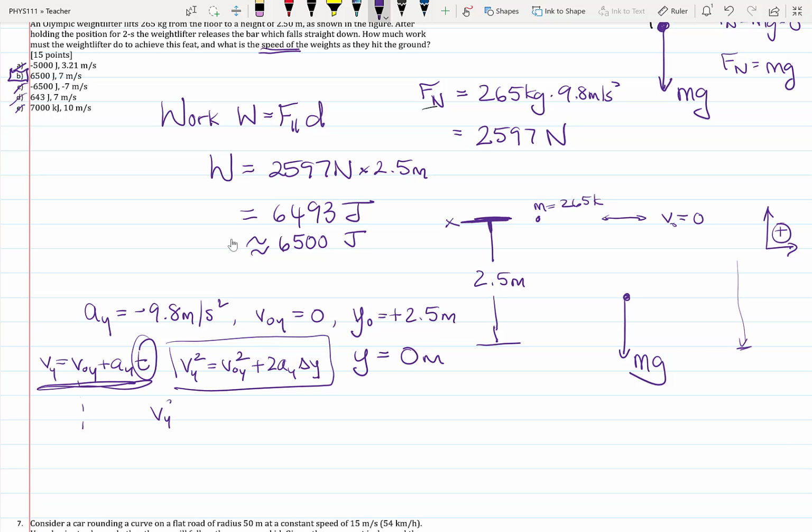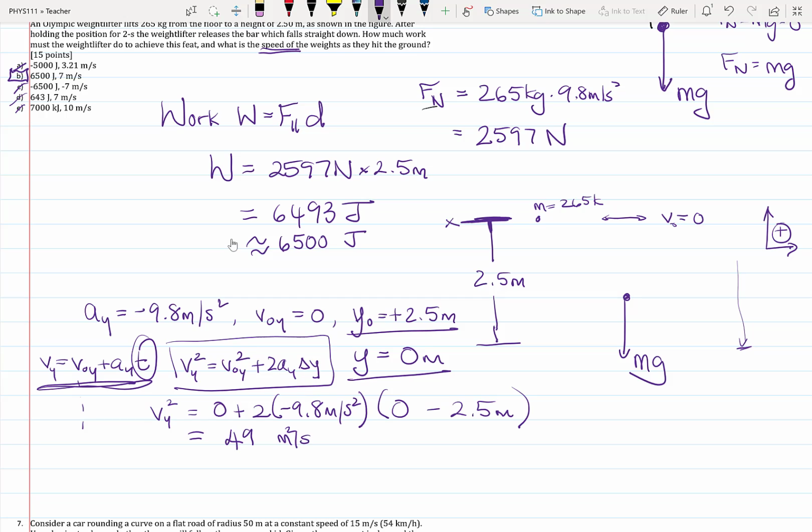So vy squared is equal to v naught y, that's 0 squared, plus 2 times the acceleration in the y direction, that's minus 9.8 meters per second squared, times delta y, that's y minus y0, 0 minus 2.5 meters, and that gives me 49 meters squared per second squared. So if we take the square root of that, Vy is plus or minus 7 meters per second.